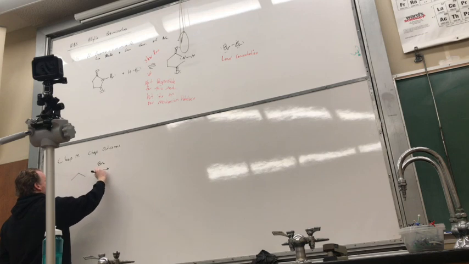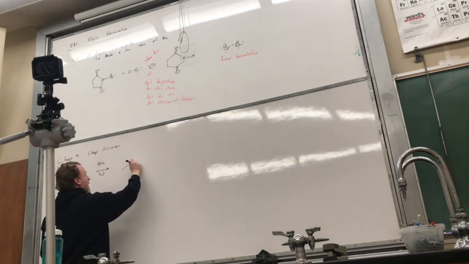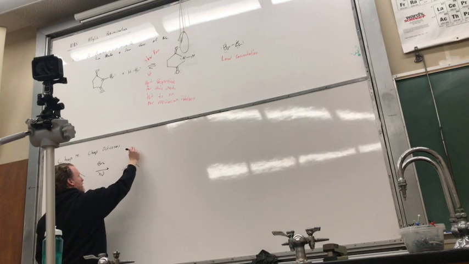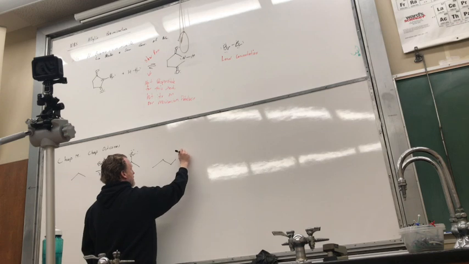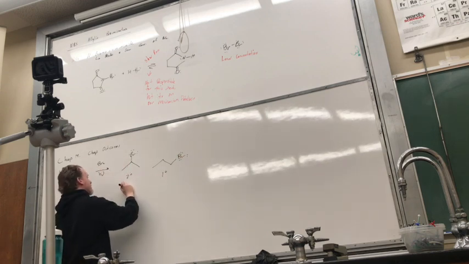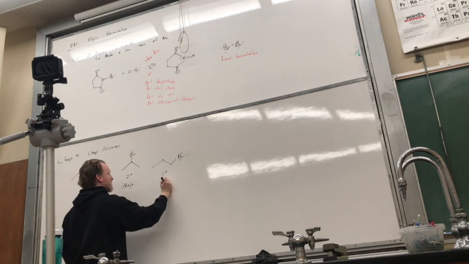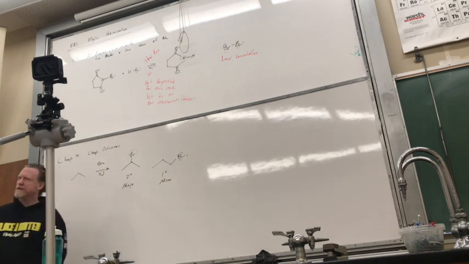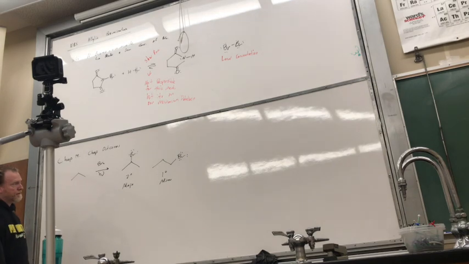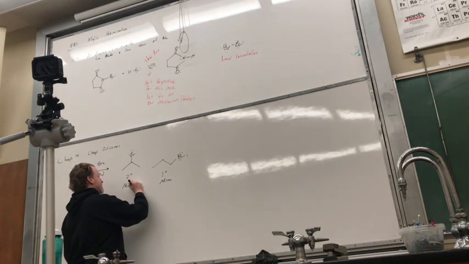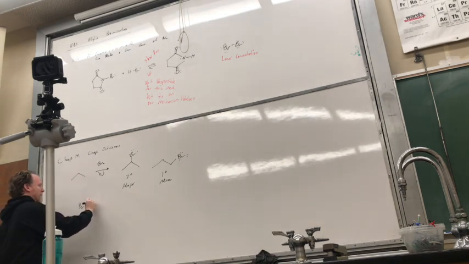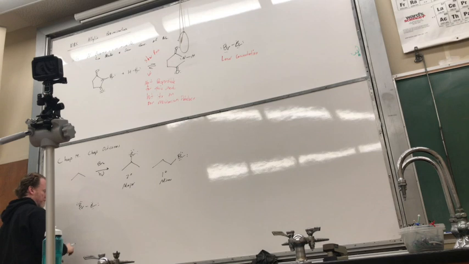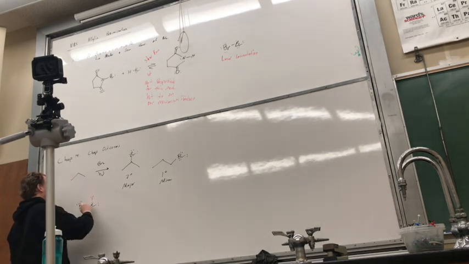Why is it that when I add bromine and light, I get mostly secondary bromide and a lot less primary? Remember we talked about this, we spent a lot of time on this one, and introduced the Hammond postulate. Because of the mechanism, we said, okay, first, the bromine breaks apart into radicals. Initiation.